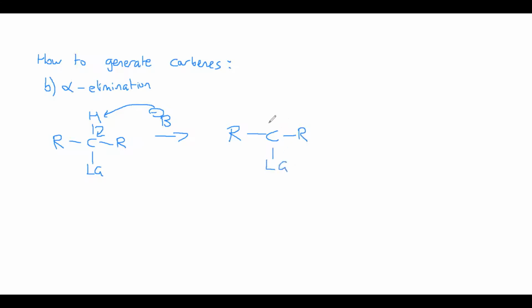Now we've formed our carbanion with a negative charge on the carbon. We can get our leaving group to leave. When this happens, we are left with our lone pair on our carbon. As the leaving group took the electrons with it, the formal charge on this is now 0, and we have our carbene formed.